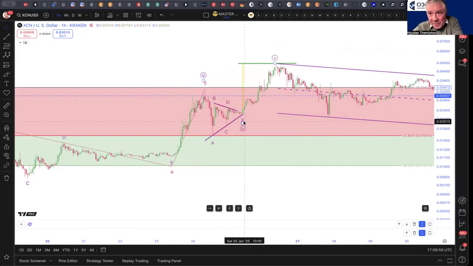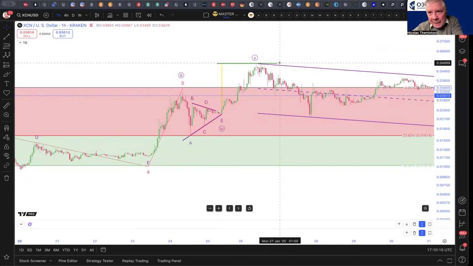The thing about triangles is that there's a breakout, and we've got a breakout. So here it was. The other thing about triangles is that once the breakout reaches its target, it's usually not a continuation pattern. In other words, you then get another correction on the way down.